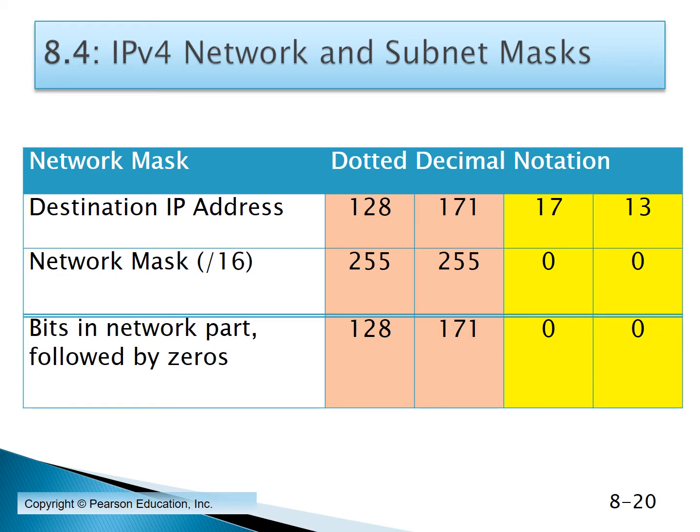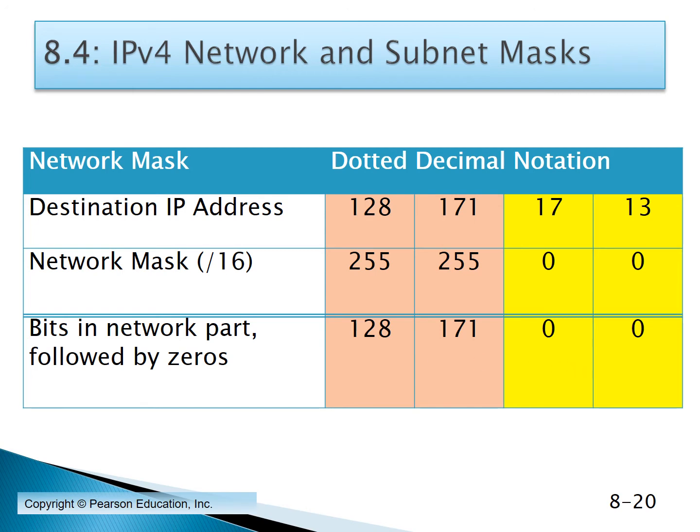Because these are all ones, when you apply them to your IP address, you just get the network part of this IP address. You get the same value for this part. So this one will still be 128.171, and these will all be zeros.